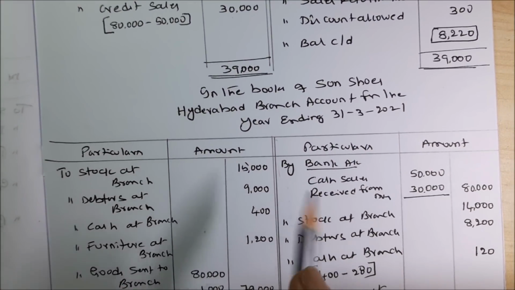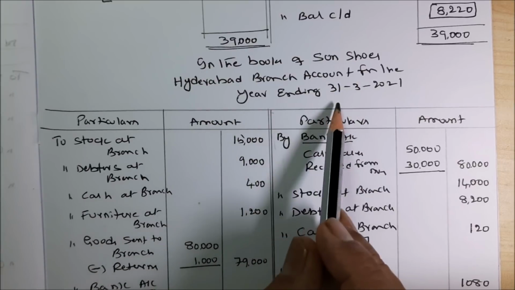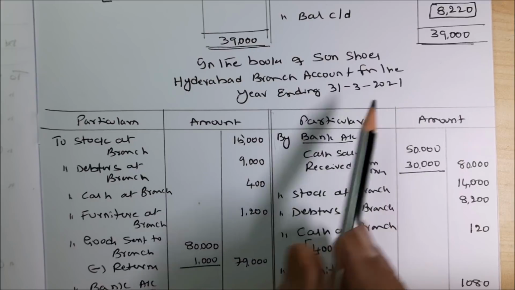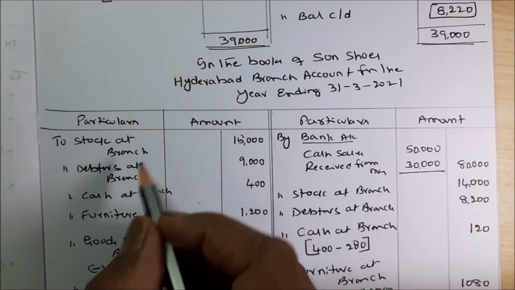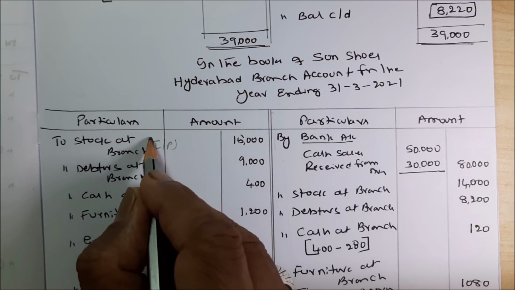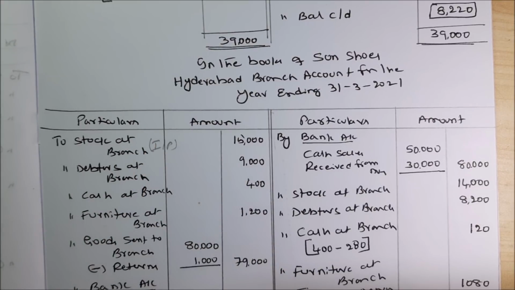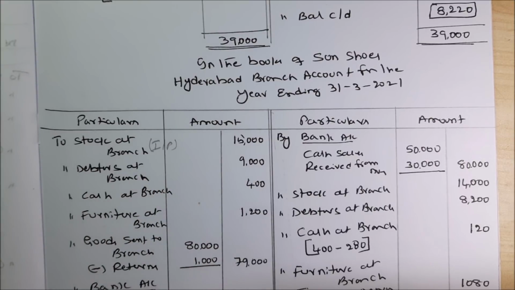Then you have to prepare, in the books of Sunshu, the Hyderabad branch account for the year ended 31/3/2021. To stock at branch 15,000. That is called IP. When you say IP, you should take out the reserves also.